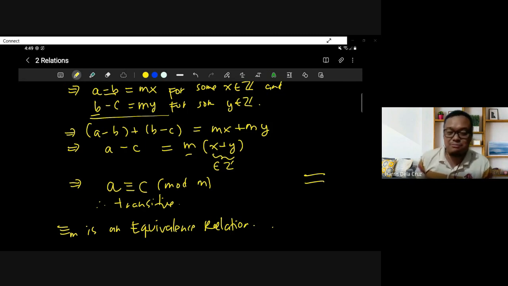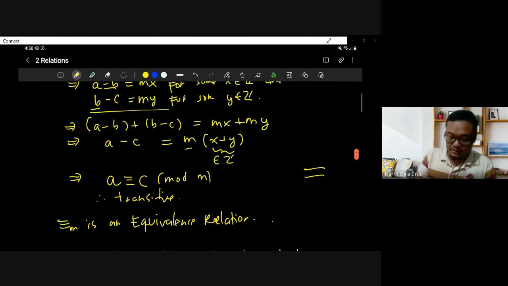Yan yung mga special kind of relation, yung mga equivalence relations. At this point, again, I would like to emphasize, aralin nyo mabuti or intindihin nyo mabuti yung congruence modular relation. Most of our discussions in relation, especially in partition, induced relation, and later, will be from modulo, congruence modular relation.